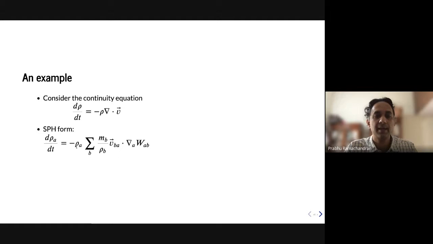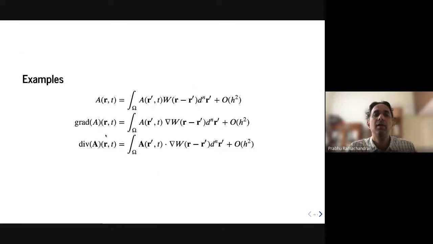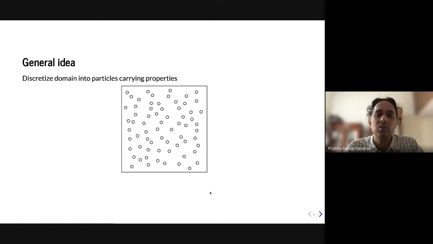Each particle carries some density, some mass, some velocity, some temperature or internal energy, whatever it is that you have, representing the appropriate physics.